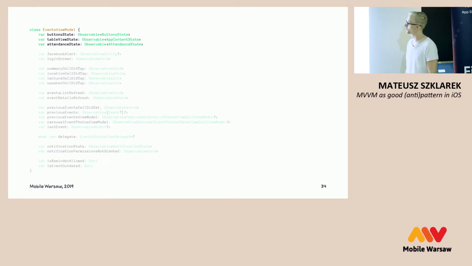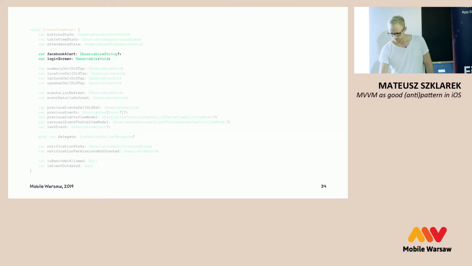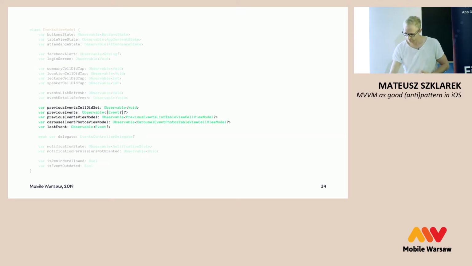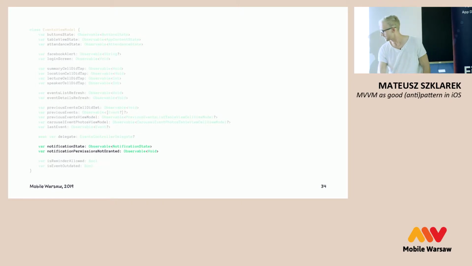We have logic for some view state, button state, table view state, attendance state, callback for presenting alert or screen, cells tab callbacks, notification about list being refreshed, some state depending on our permission or different nested view model, delegate, notification state, and some state connected with permission.